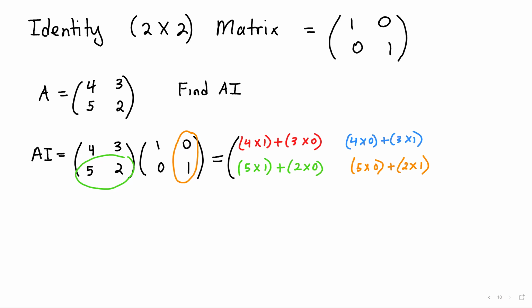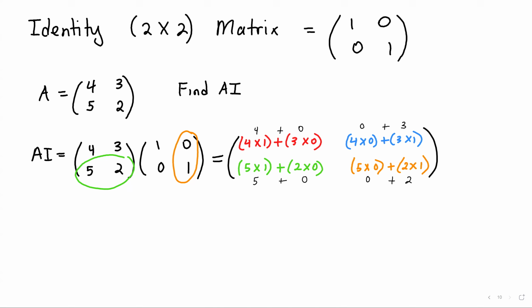All right, and then simplifying all of that, we'll get, well, 4 times 1 is 4, plus 3 times 0, which is 0. 5 times 1 is 5, plus 2 times 0, which is 0. 4 times 0 is 0, plus 3 times 1, which is 3. 5 times 0 is 0, plus 2 times 1, which is 2.